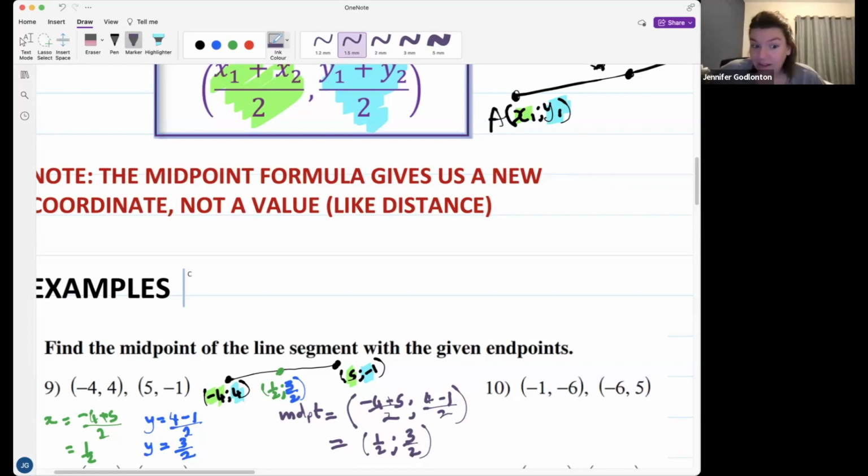Yes, absolutely. Leave it in fraction form. Whenever you're dealing with coordinates, always leave it in fraction form. It's just more accurate. Cool. Let me keep the colors the same.